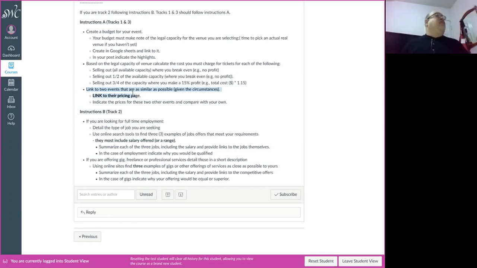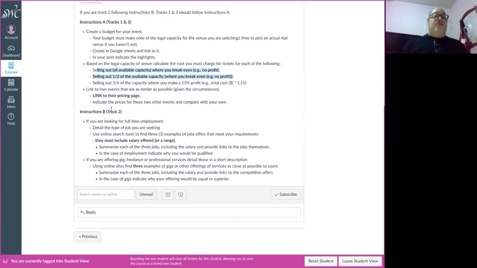In the last lecture, find an event that would appeal to a very identical segment, if necessary. And so you're going to link to 2 events, link to their pricing pages, but in your post, indicate the prices and compare that to the prices that we discussed here. So we get a sense of, is your event competitively priced?